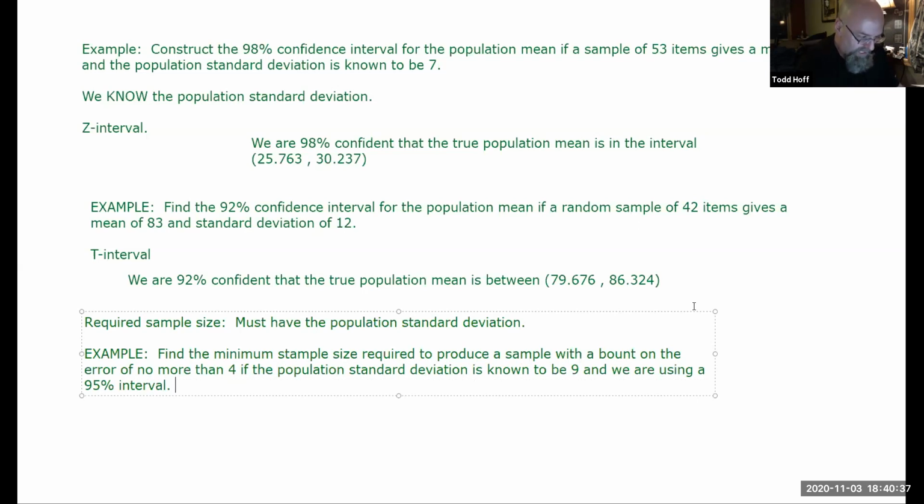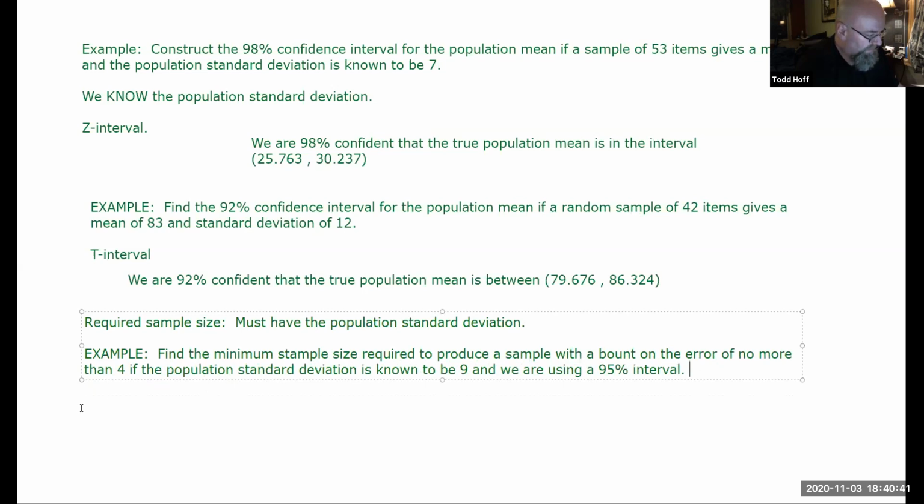So a 95% interval gives us a z-critical of 1.96 again. So n equals, now this time the formula is all of this together is z-critical times the standard deviation divided by that bound on the error, and then it's all squared.